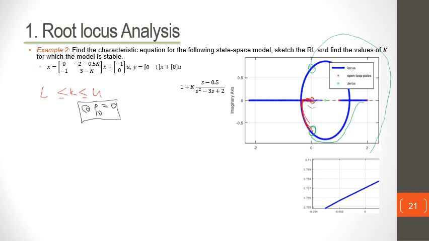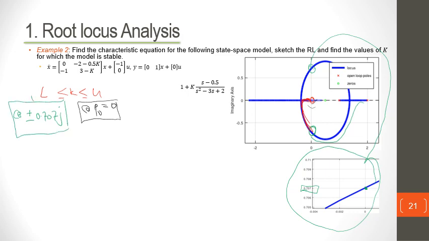So if we zoom in, as shown here, into that graph, we see that it crosses the imaginary axis at about this value, which means the value there of the pole is going to be 2 conjugate poles, plus or minus 0.707j. So this gives us the lower limit. So we have got both the poles for the lower limit and the upper limit of k.